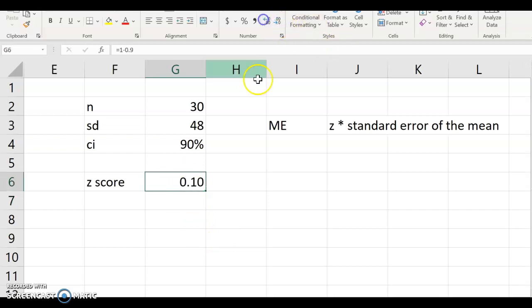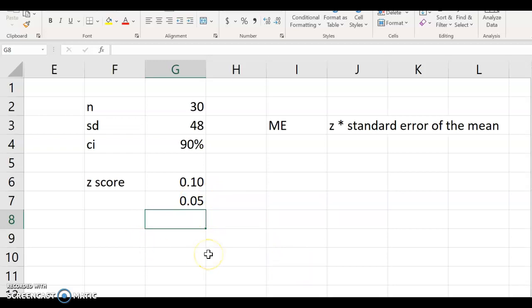Okay, so 0.10. And then what you have to do is, this is what we call a two-tailed test. So you're going to always take that and divide that by 2. Okay, so 0.05.